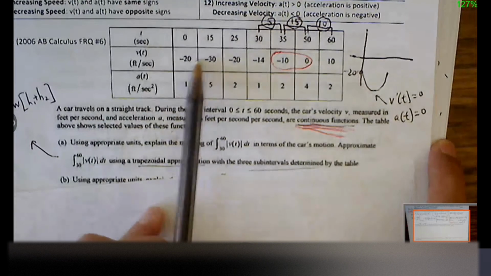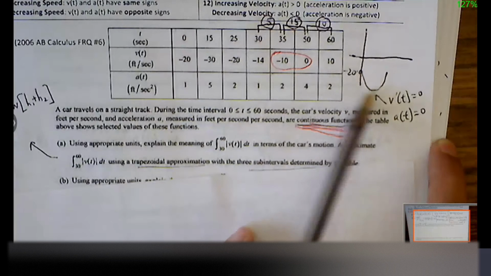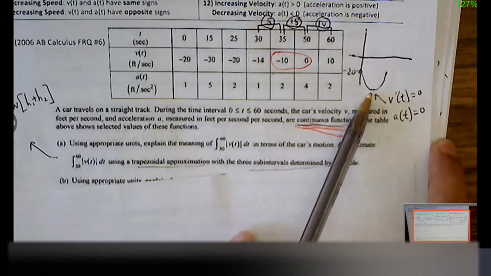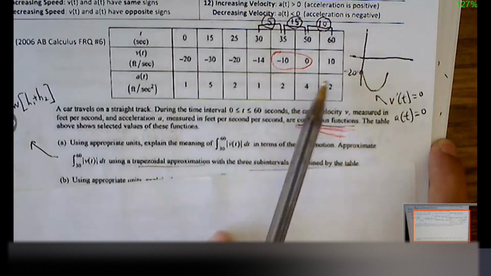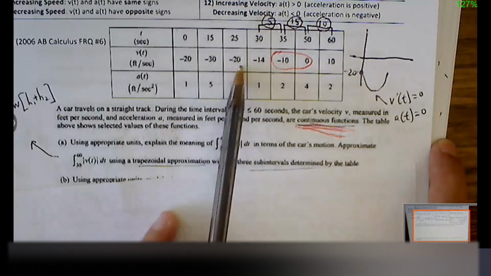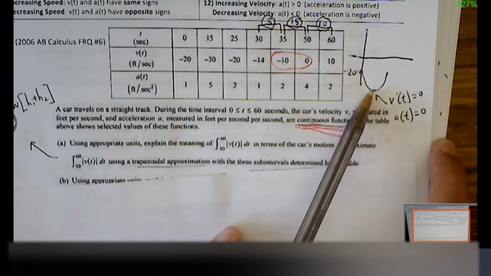So here, just by graphing a bunch of these values from velocity, I can convince myself, okay, I see a slope 0. It may not occur here, but it's going to have to occur somewhere because it's going to go down to -30 and come back up. Maybe it dips a little bit lower, but there's got to be a slope 0.